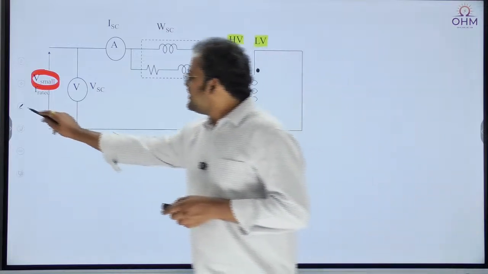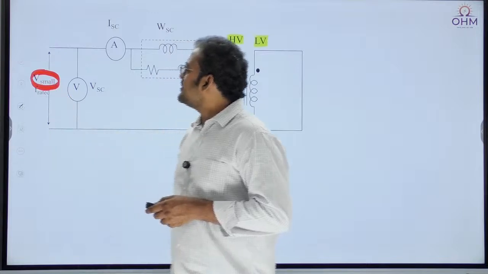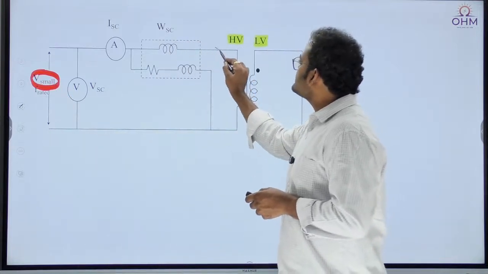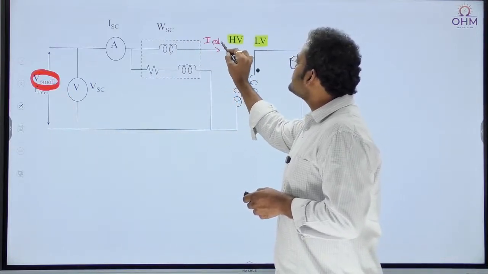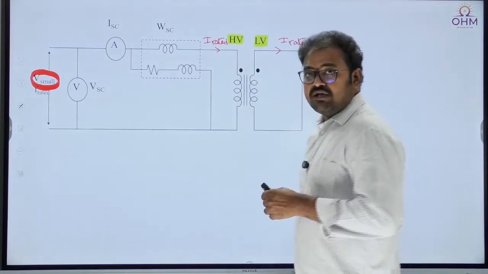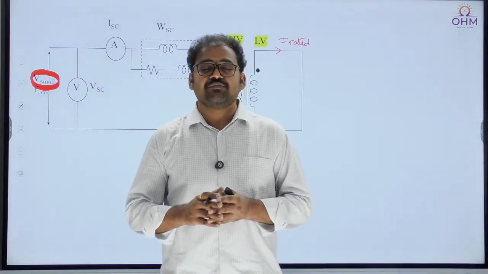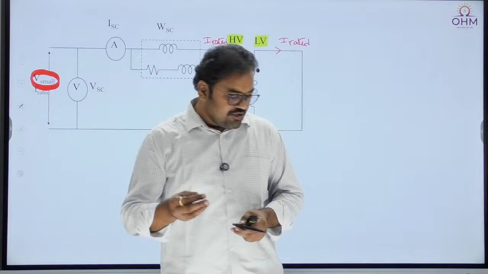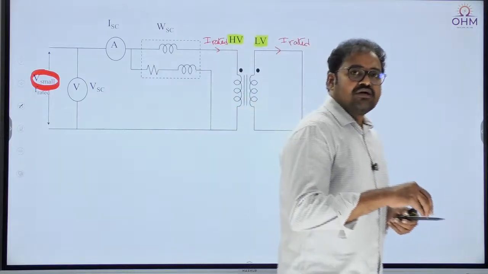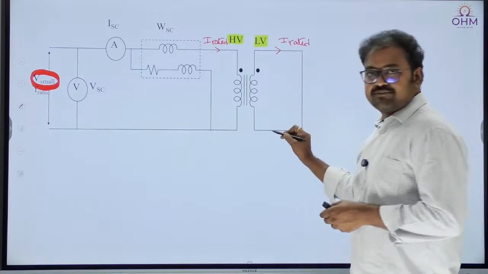Why must the current be the rated value? If the current is the rated value, then only the copper loss will be the rated value, because the purpose of this test is to determine copper loss. Copper loss depends upon current. So to circulate rated current, short circuit the secondary side.